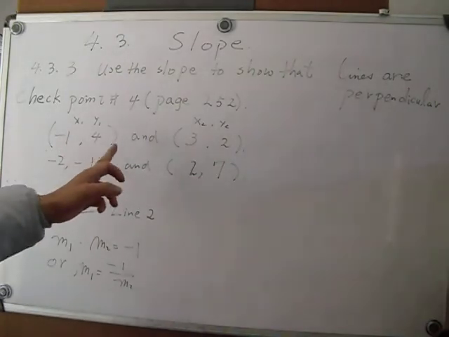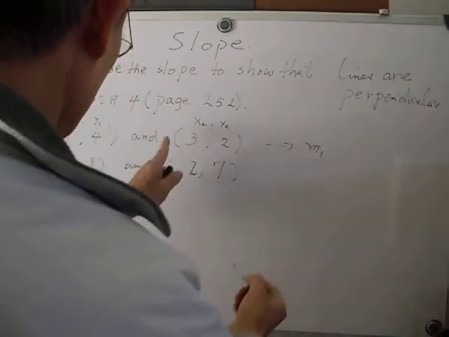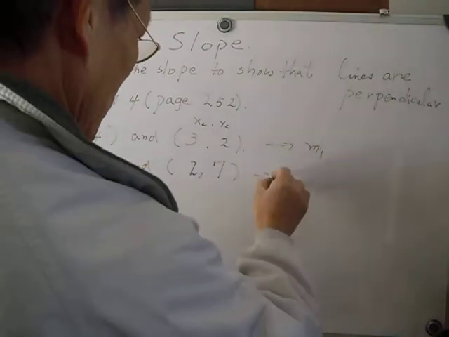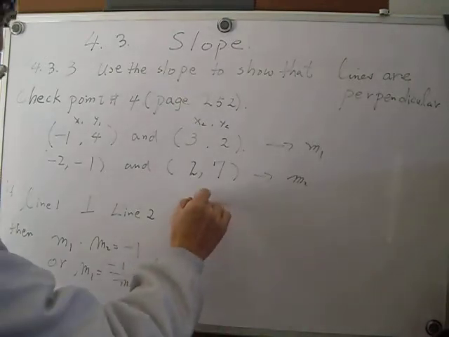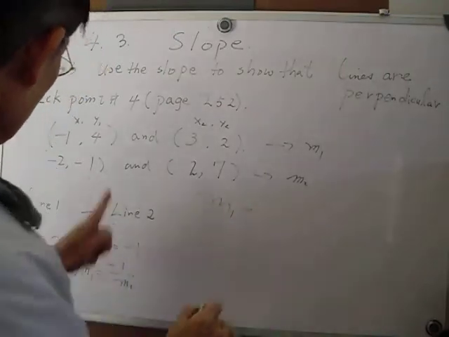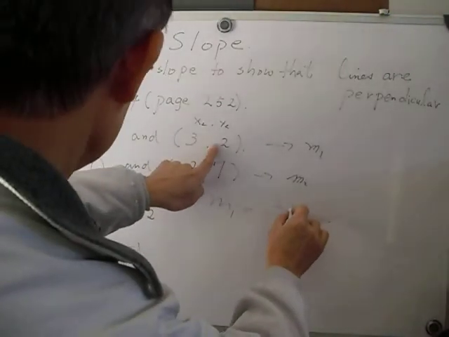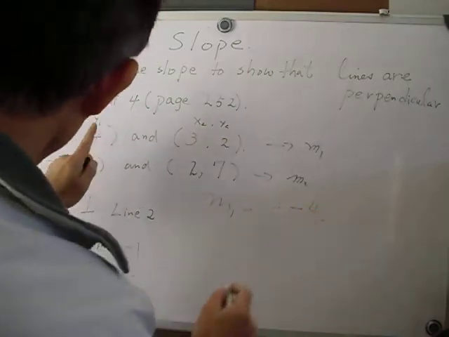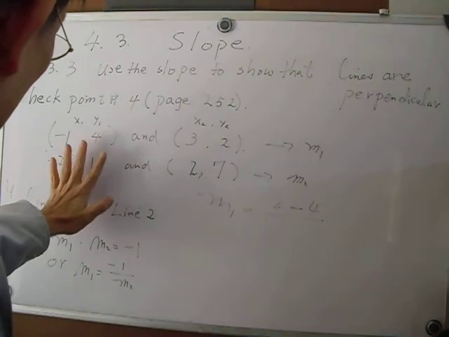Now, we show that this is the slope of line number 1, and line number 2 with the slope of this. So let's check to see that our product is -1. So slope of number 1: y2, 2, subtract y1, 4. The other way, you can use this as the first point and this as the second point.